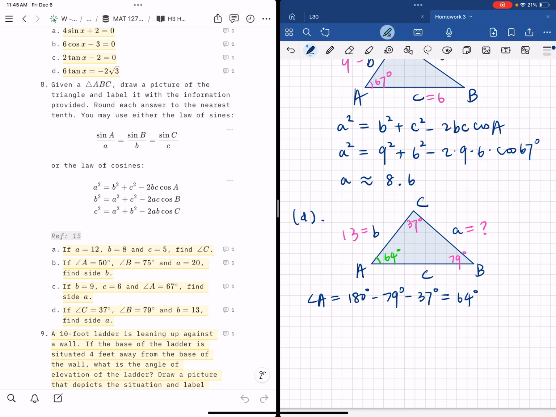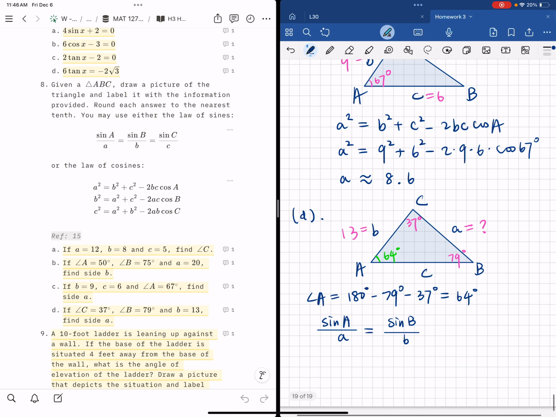Very similar to part B. Let's write down sine of A divided by A equals sine of B divided by B. And now let's plug in the numbers. So it's sine of 64 degrees over A, we don't know what A is, equals sine of 79 degrees divided by 13.